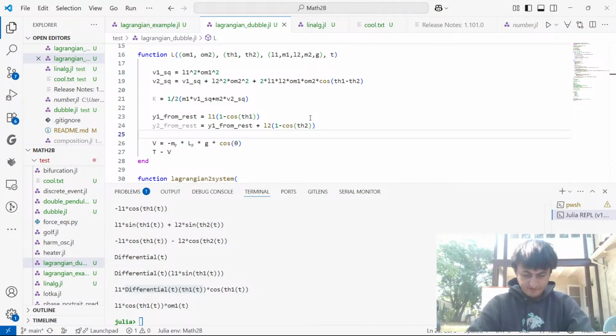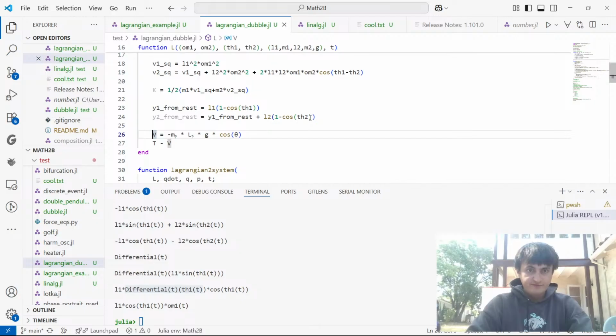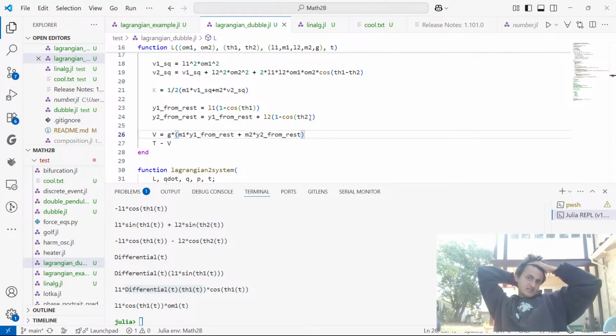So I believe that we should get V is going to be g times m1 times y1 from rest plus m2 times y2 from rest, because this is mgh.